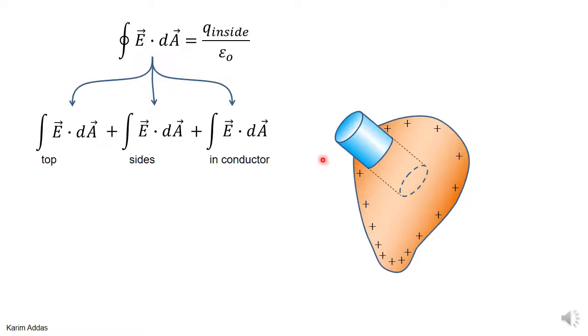When we apply Gauss's law for this cylinder, the integral of E dot dA, we can cut it into 3 parts: the top face, the sides on the outside, and the part inside the conductor.